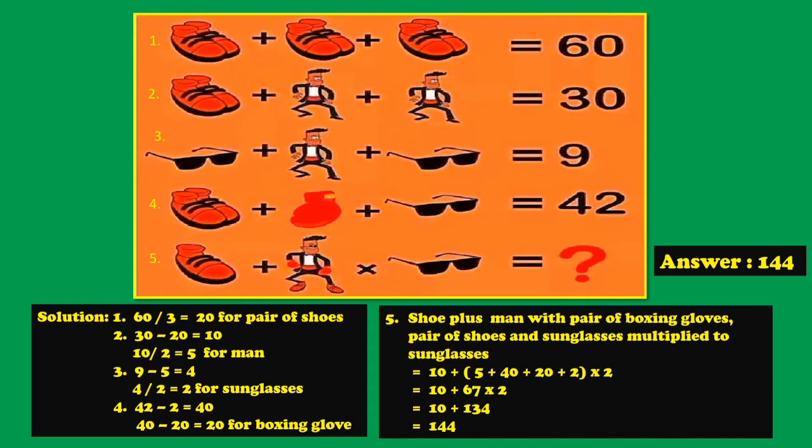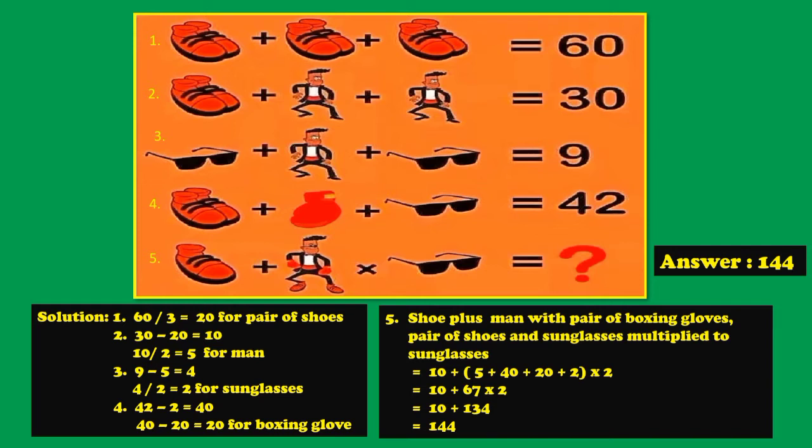In PEMDAS, we first work out whatever is inside the parentheses. So we add first what is inside the parentheses: 5 plus 40 is 45, plus 20 is 65, plus 2 is 67, multiplied by 2. So copy the 10 plus 67 multiplied by 2.